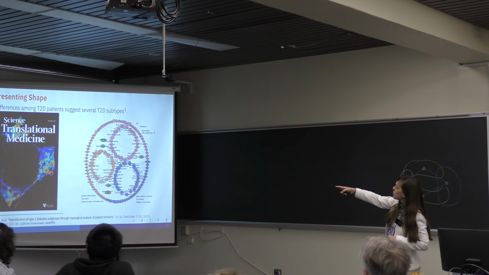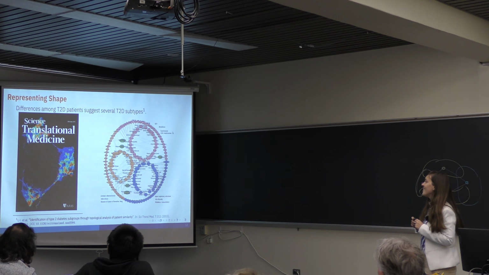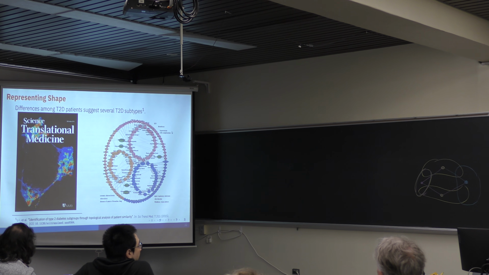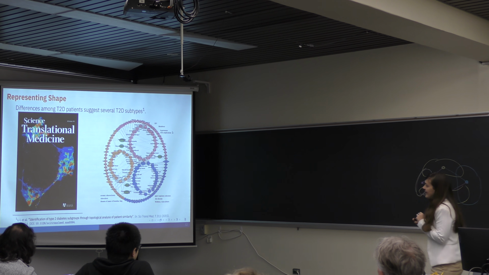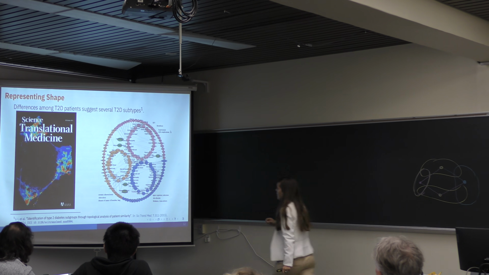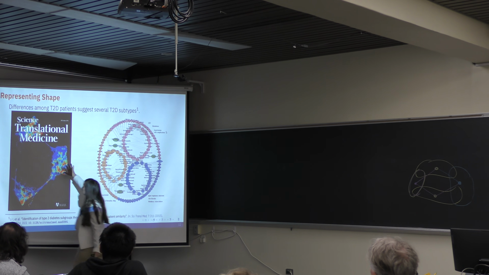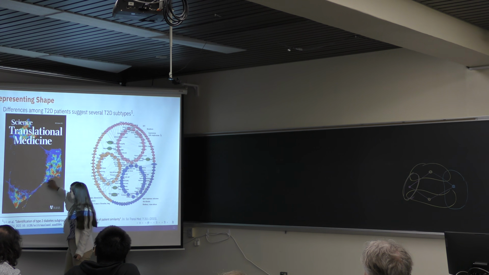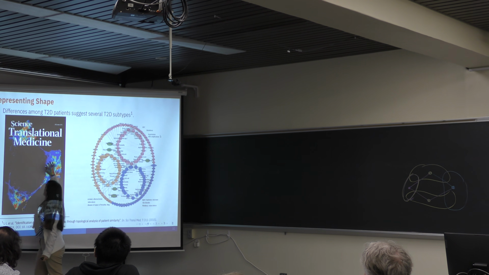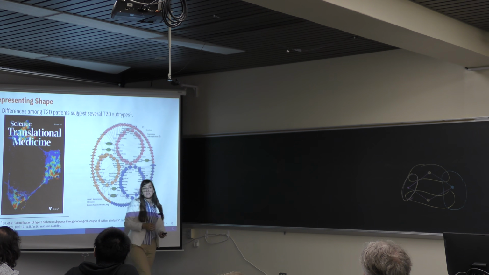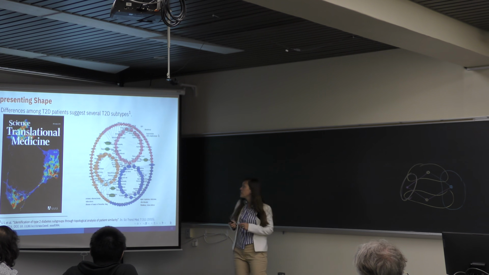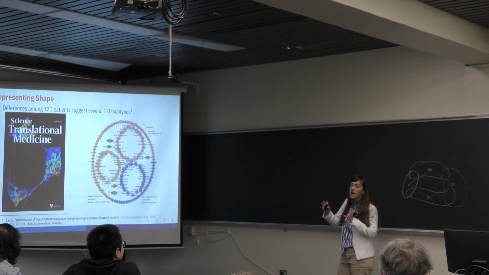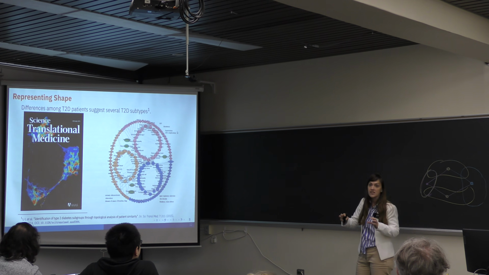The result was a very nice cover of the Science Translational Medicine journal. What you can see is, again, a single cluster, with connections between each of these regions, which is why I say that it's a single cluster. But then it turned out that each of these regions is actually a subtype of diabetes.